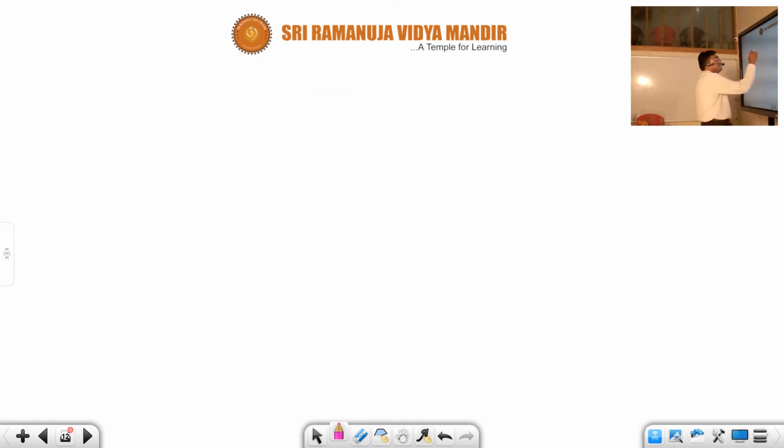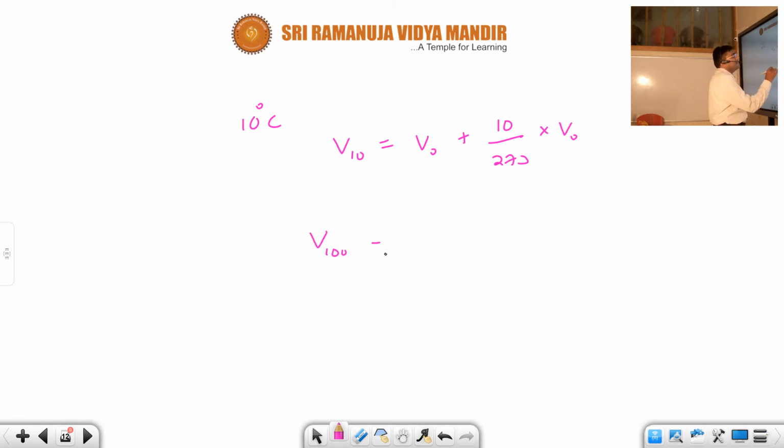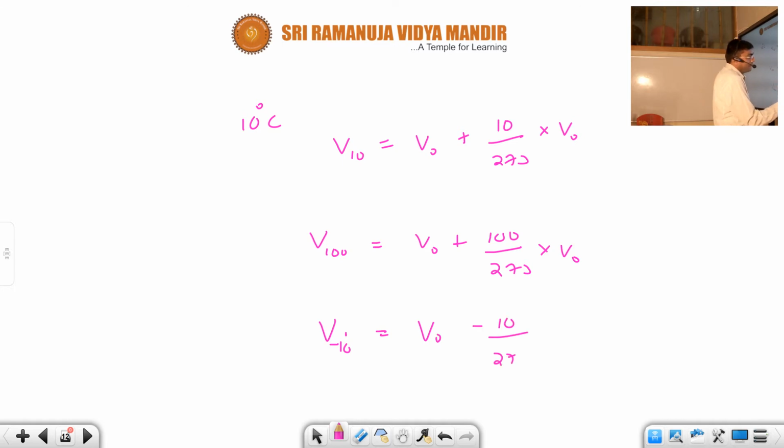Similarly, for 10 degrees centigrade, V10 is equal to V0 plus 10 by 273 of the initial volume. Similarly, for 100 degrees centigrade, V0 plus 100 by 273 into V0. For minus 10 degrees centigrade, V0 minus 10 by 273 into V0.